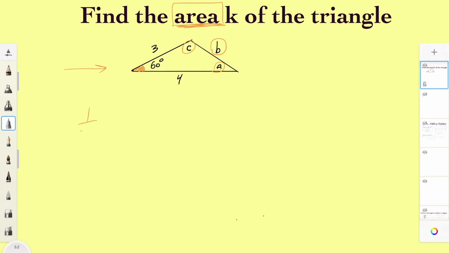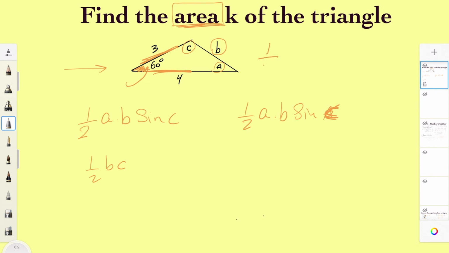is going to be 1/2 A times B sine of C, or 1/2 A times B sine of A, or 1/2 B C. No, this is going to be sine of C. Basically, the formula, if we use these two lengths, then the sine of the angle between them.